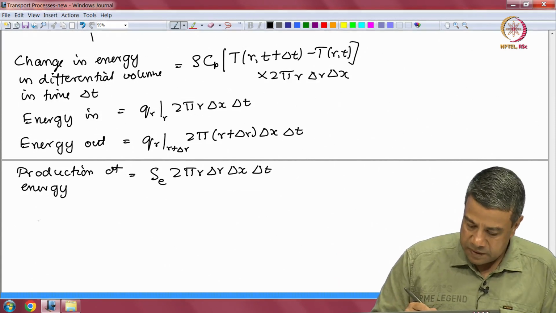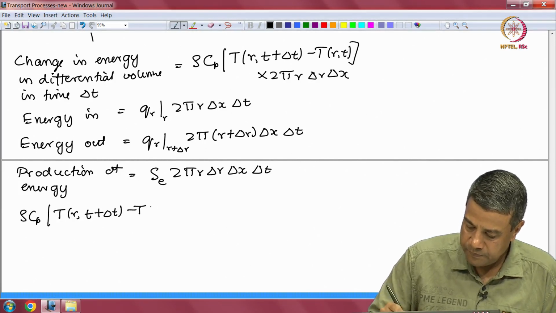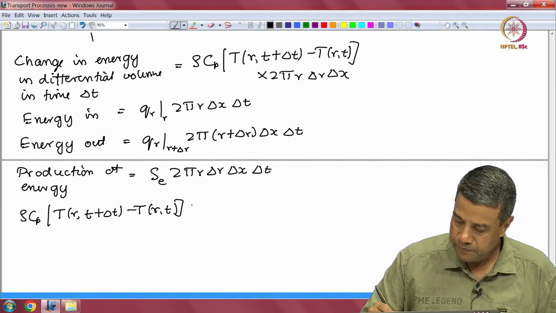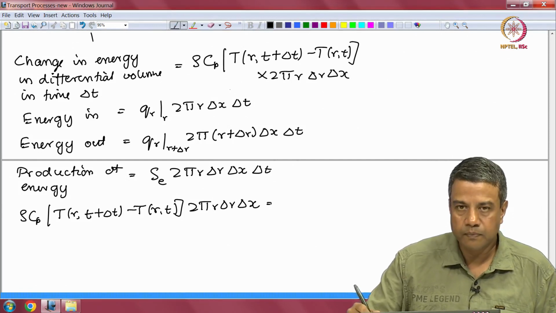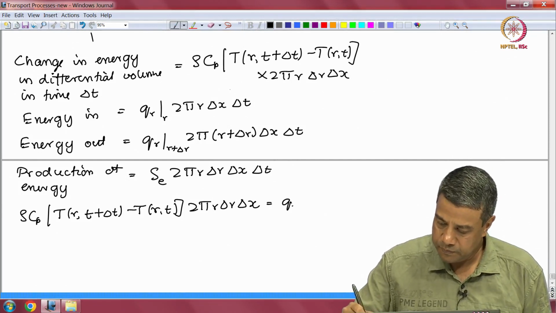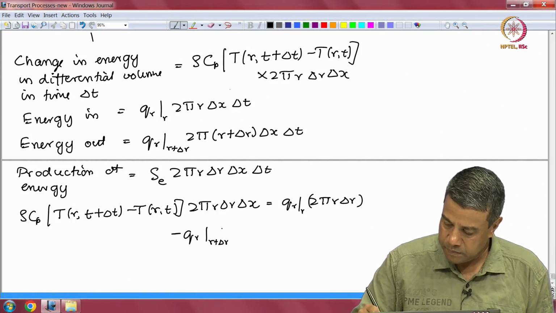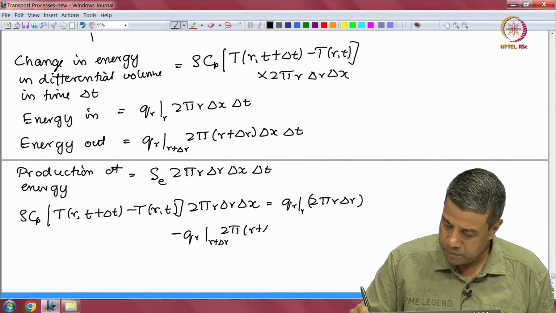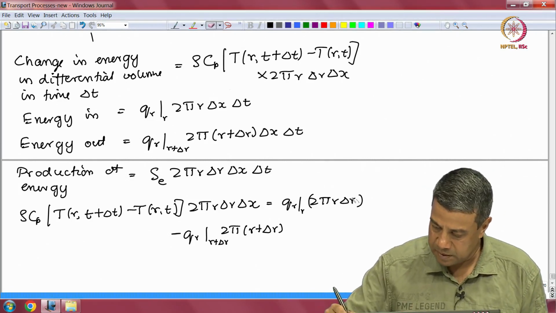So, therefore, substituting all of these together, I get rho Cp into T at r. 2 pi r delta x, I am sorry.